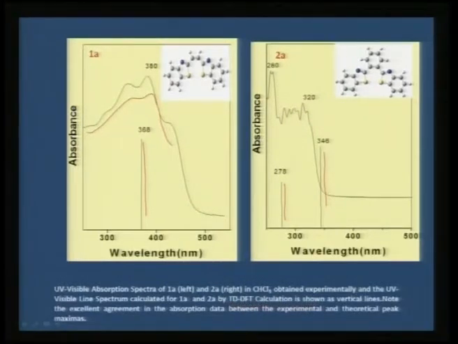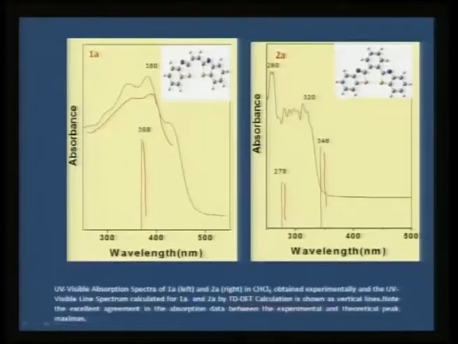Why do we not see all these featured emissions? Because when we are calculating the UV visible spectra, we are actually considering only one molecule, whereas in the experiments you actually consider hundreds of molecules together. So when you have hundreds of molecules in solid state, packed together, then you would see a featured emission, whereas when you do a calculation for a single molecule, you see the most predominant emission.